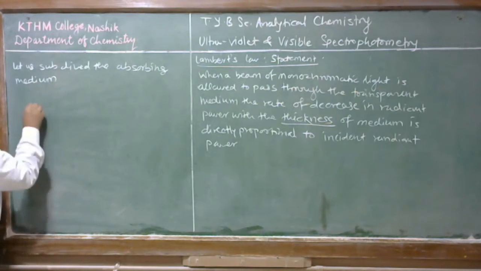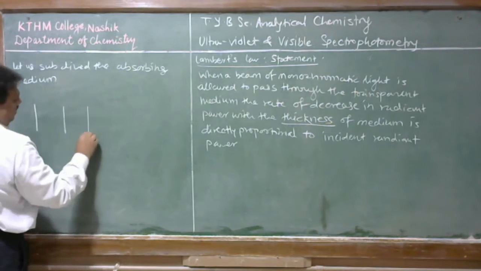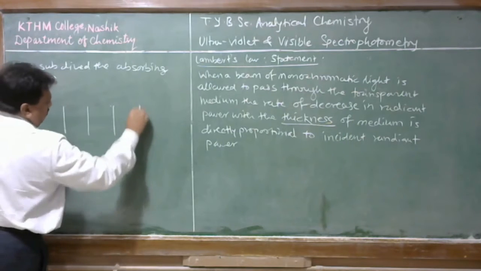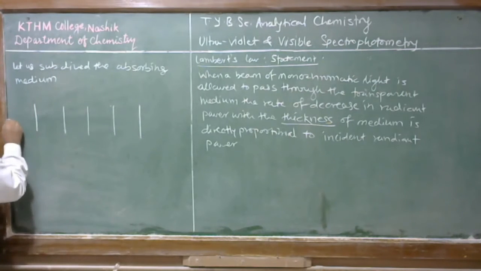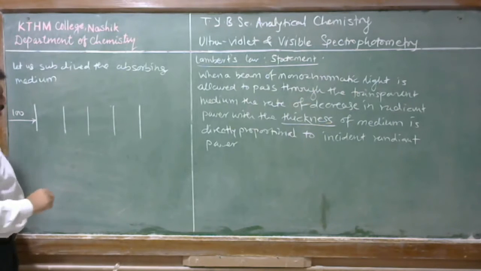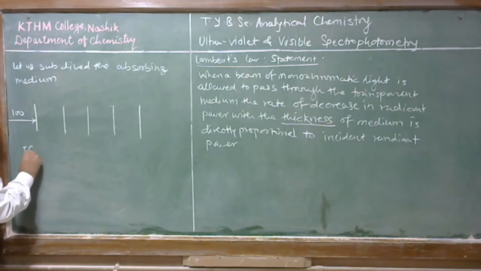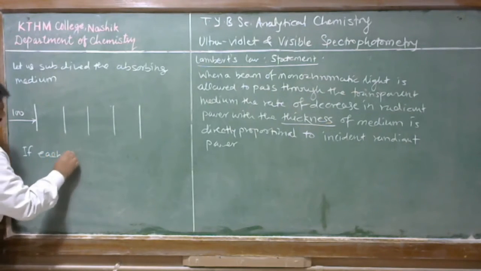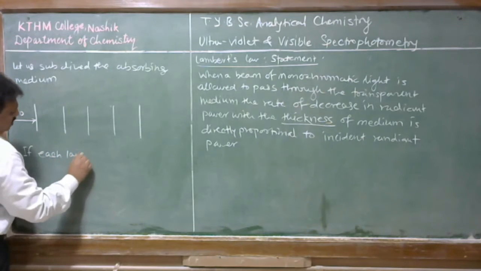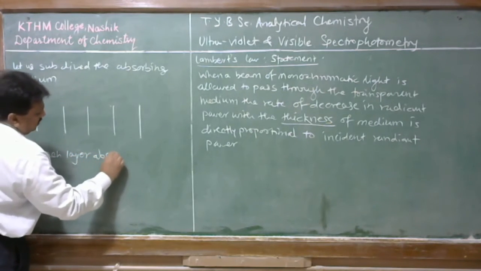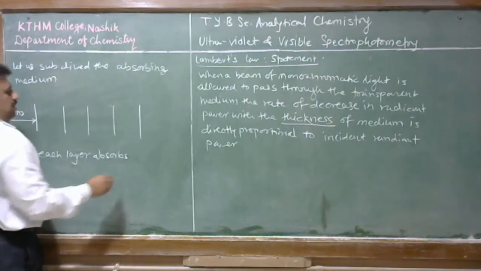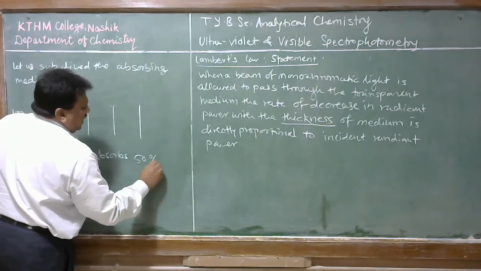Suppose this is an absorbing medium, and a radiant power of 100 intensity is passed, and each layer absorbs 50% of light.